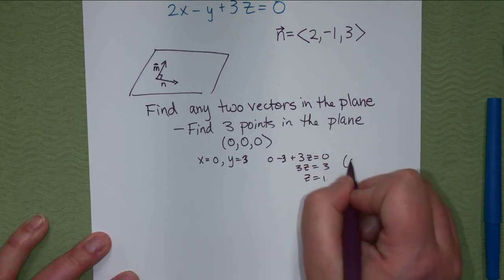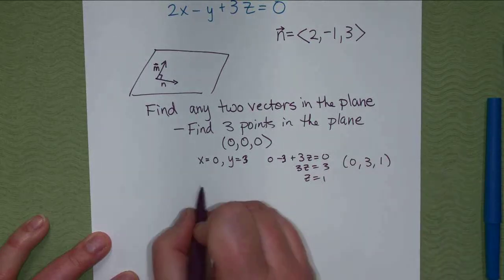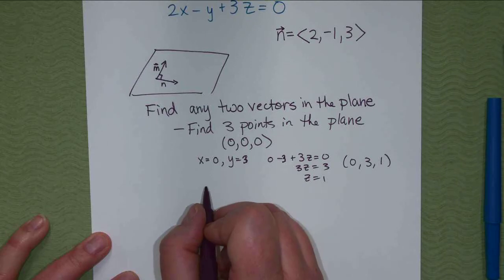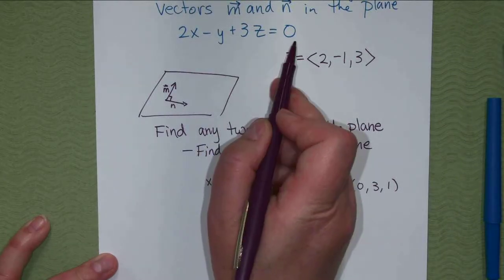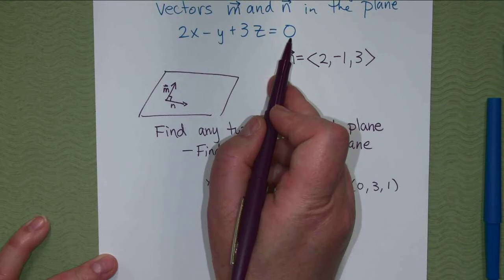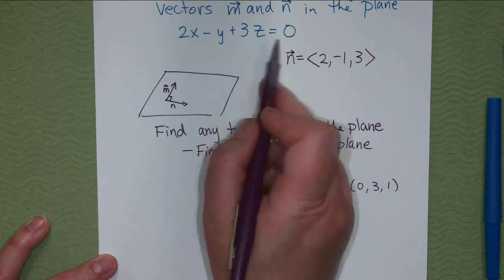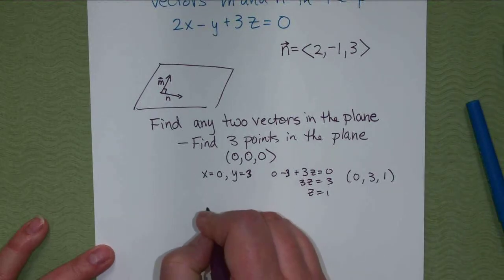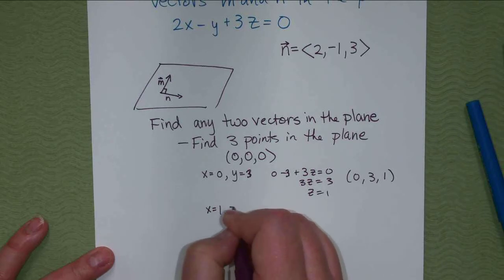So 0, 1, 1/3. And what did you say you did? I did 0 and 0, and then I solved it. So x was 0, y was 0, and z was 3. No, because that would be 9. If z is 3, then you would get a 9 there. 3z equals 0 would give you z is 0. Okay, so another point, let's say x is 1 and z is 0.